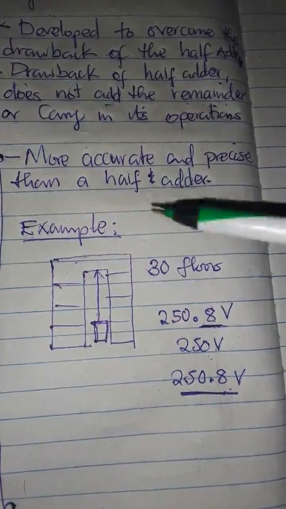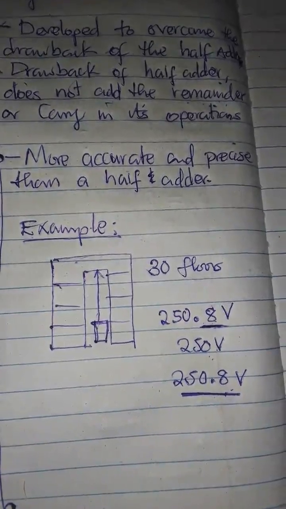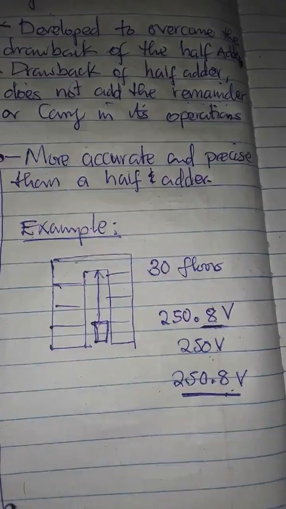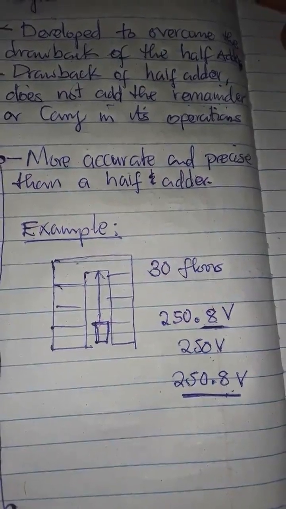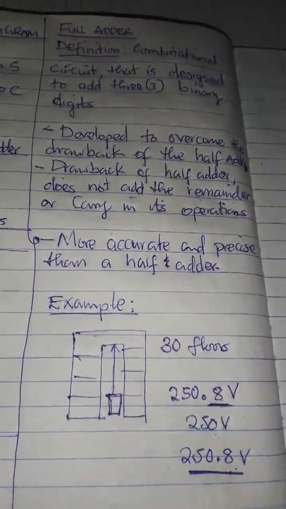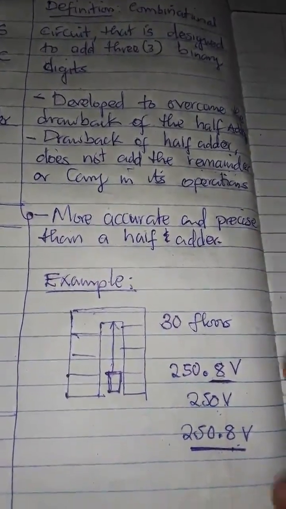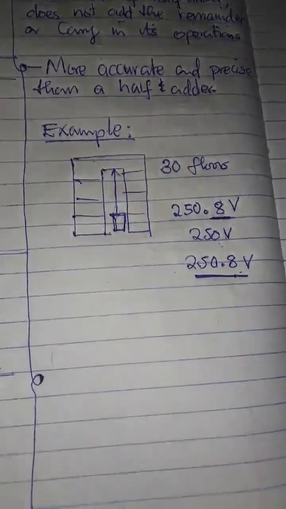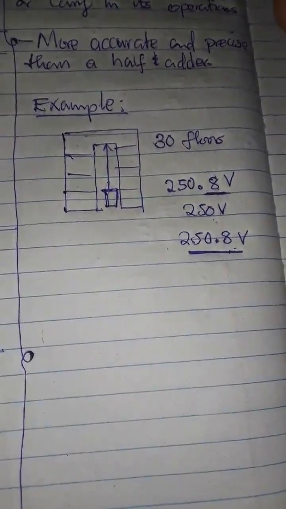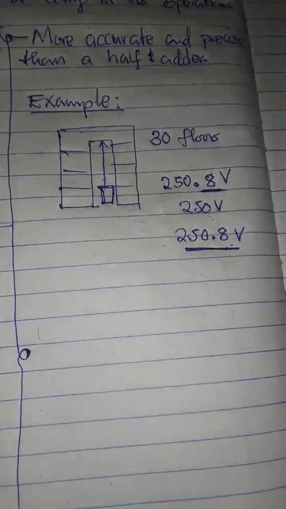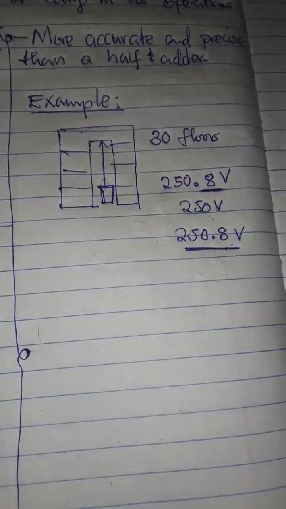So that is why the full adder is an improvement upon the half adder. I think we get the example of what it means when we say the full adder is more accurate and more precise compared to a half adder.